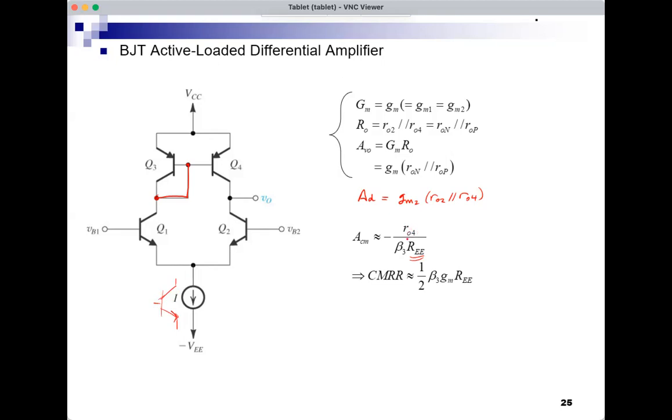ACM would then be like 1 over beta. If beta is around 100, what would be ACM? It would be 0.01. So very small, while AD may be of the order of 100, 200, 500. So again, decent characteristics: large AD, very small ACM, and good CMRR.